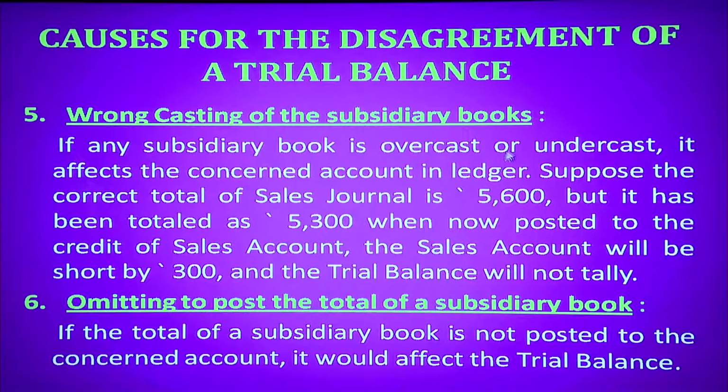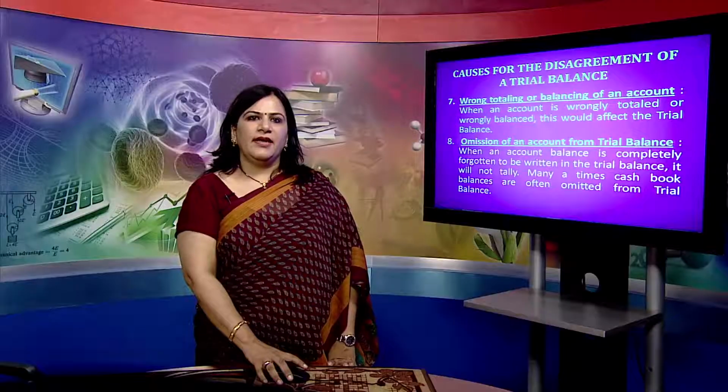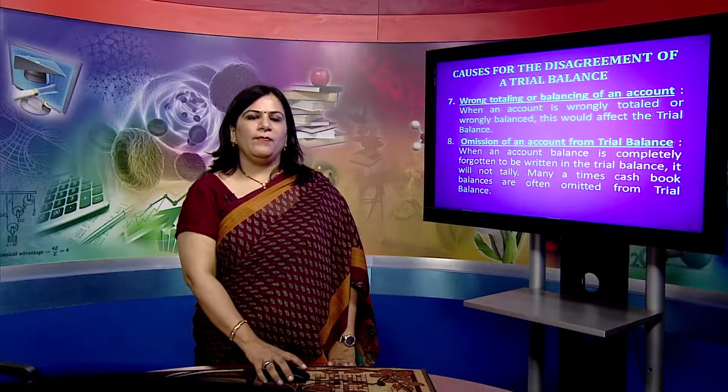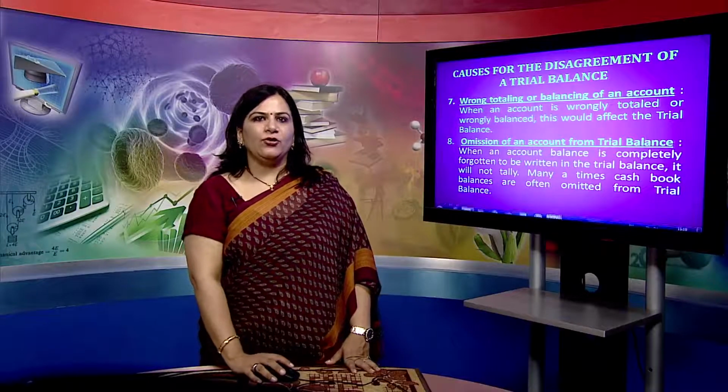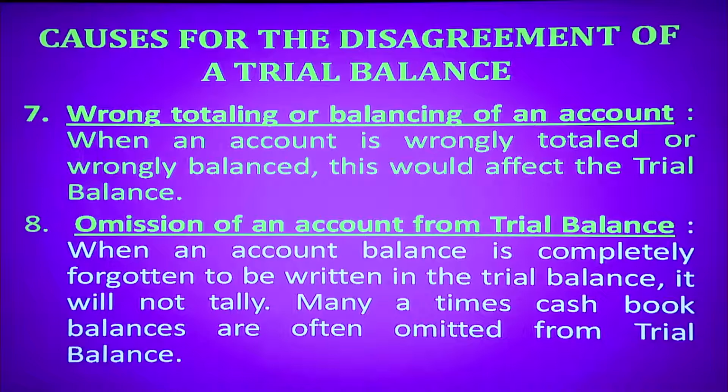So, this is a case of undercasting. Next, disagreement may arise because of omitting to post the total of a subsidiary book. If the total of the subsidiary book is not posted to the concerned account, it would again affect the trial balance. The next is wrong totaling or balancing of an account. When an account is wrongly totaled or wrongly balanced, this again would affect the trial balance.